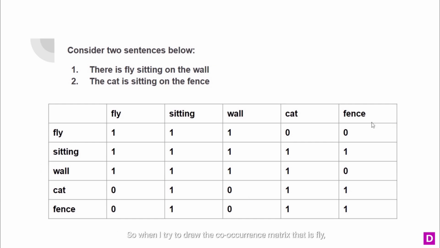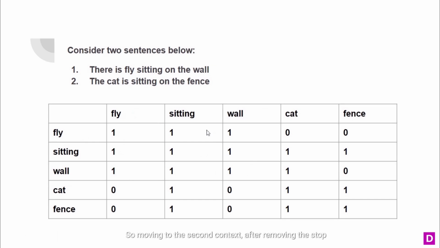When I draw the co-occurrence matrix, the rows and columns are fly, sitting, wall. Since they occur in a given context, they are co-occurring in that context. So the co-occurrence matrix value would be 1 for all of these three words.